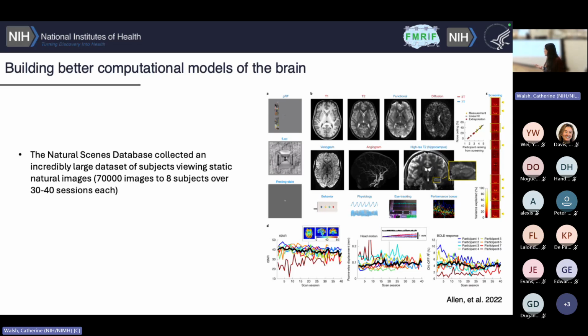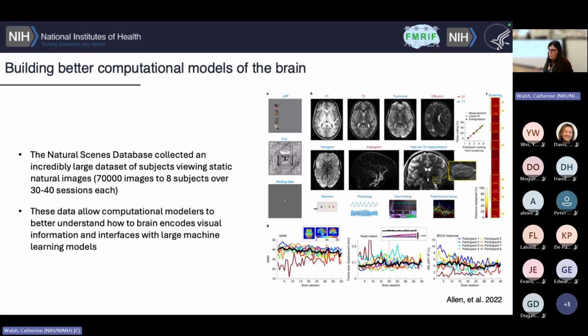And what they care about is natural scenes kind of repeat in the things that exist in them. So they wanted to show as many possible images as they could in order to get variability in those stimuli, enough so that they could map out the responses that we see in the human brain and try to understand a little bit better what the brain is actually encoding in visual information.